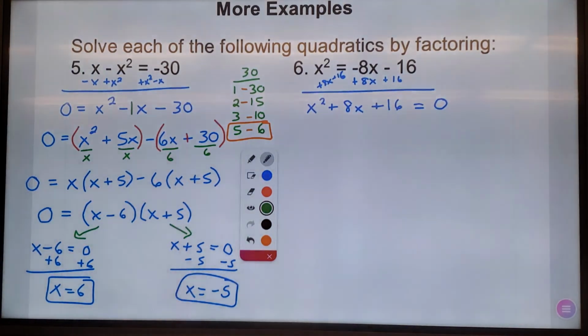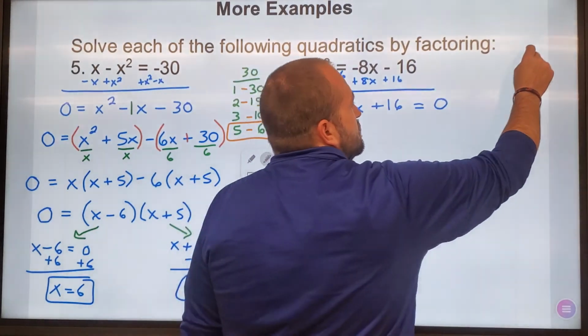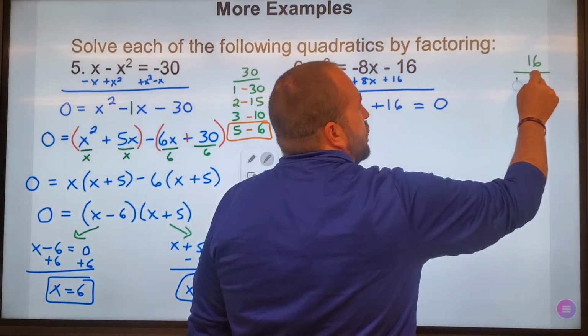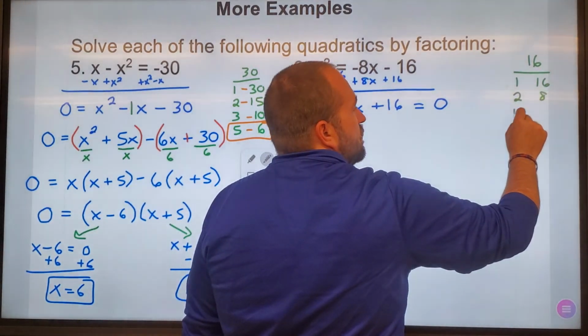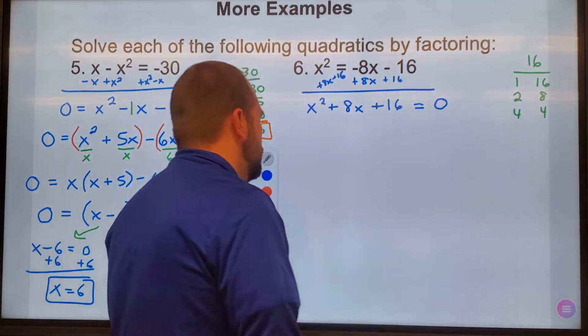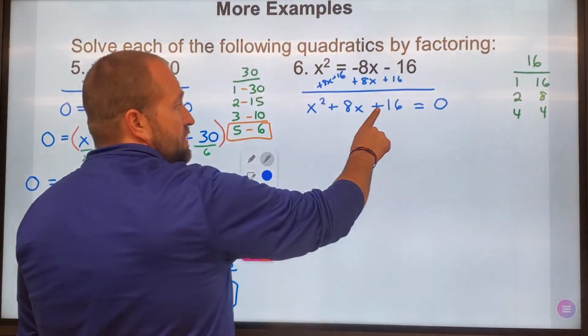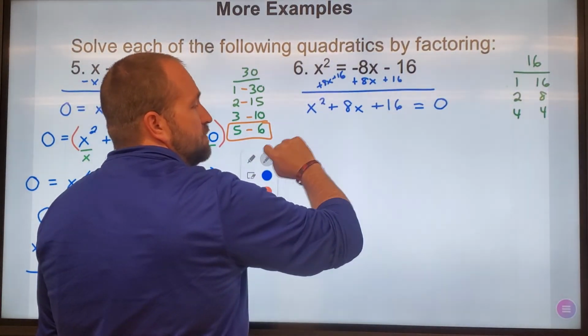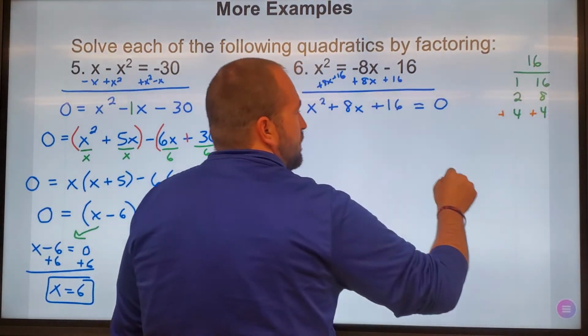Again, I don't have a number in front of the x squared, so I'm just going to take the factors of that constant. So 16: 1 times 16, 2 times 8, 4 times 4. I'm going to find the set of factors here that add, because this is addition, to get positive 8: positive 4, and positive 4.